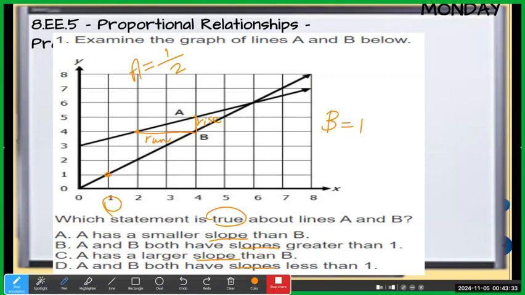You have several ways of finding your slope: divide y over x, do rise over run, all kinds of stuff. Now that we've got our slope, what's our answer? A. A has a smaller slope than B. Any questions? All right, you've got the remaining 4 for homework, which is on the back.